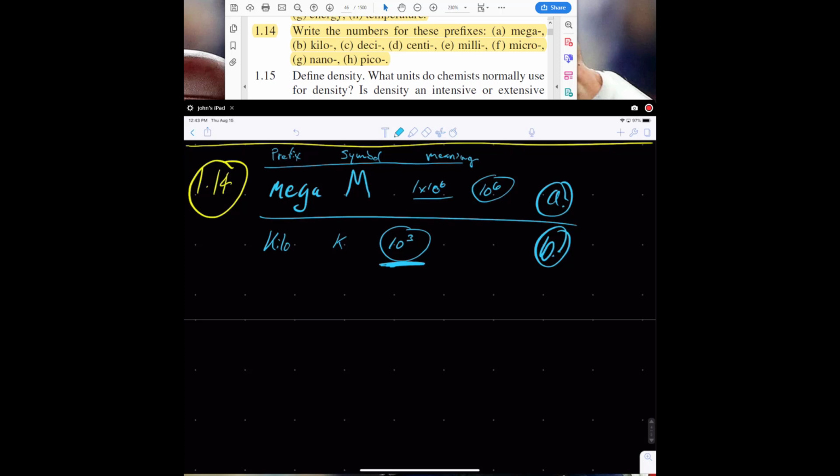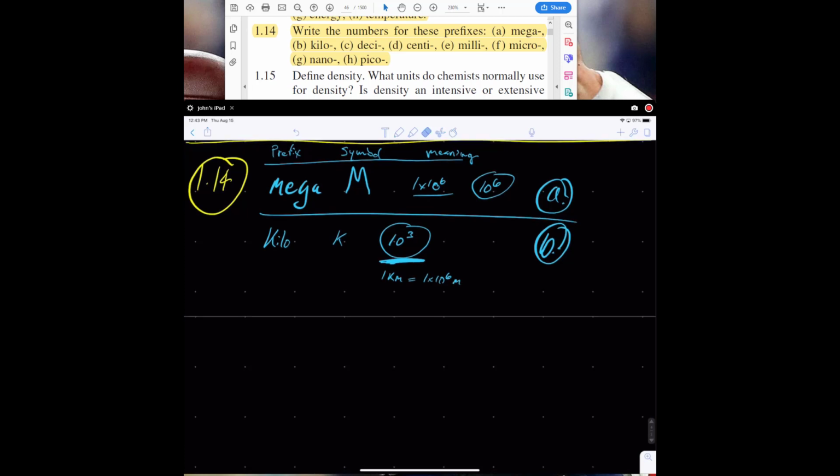Now, if we were being asked how many meters are in 1 kilometer, we would write it like this. 1 kilometer is equal to 1 times 10 to the 6th meter. I'm sorry, to the 3.